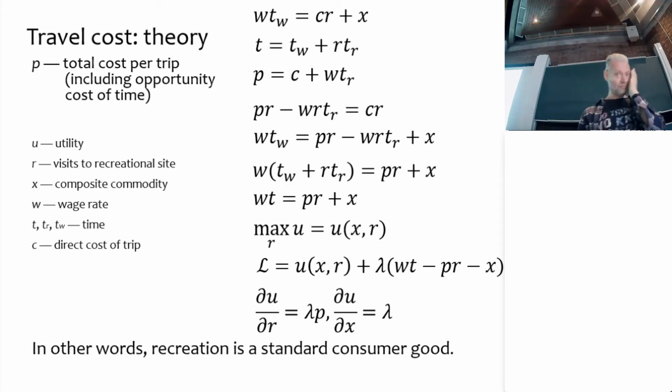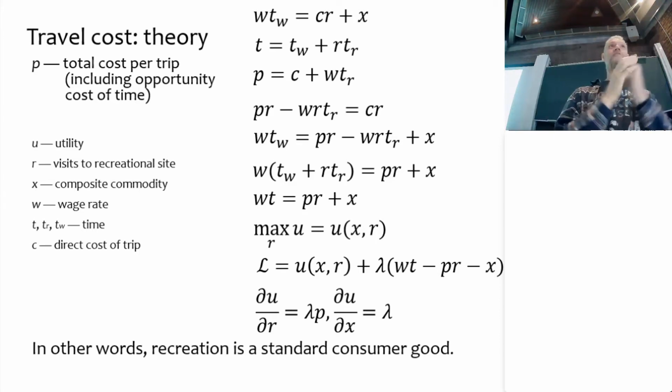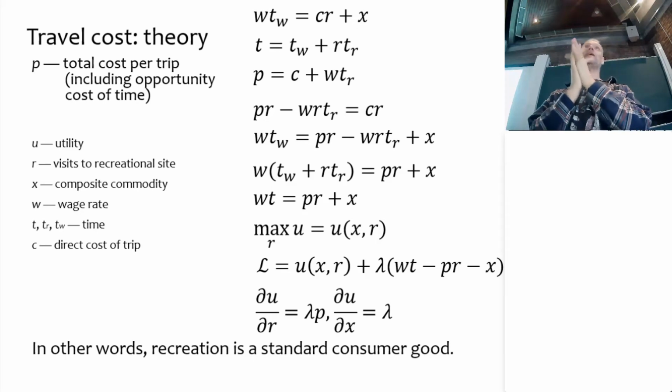So by the assumption that we make here, that we can substitute time and money through the opportunity cost of time, and we are price takers. The W is outside of our control. We get paid the wage that is dictated to us by the market.